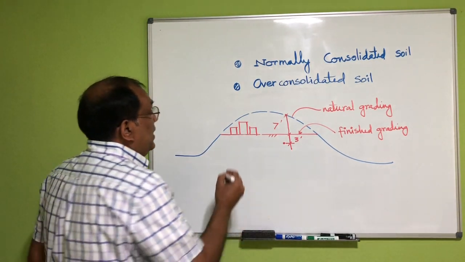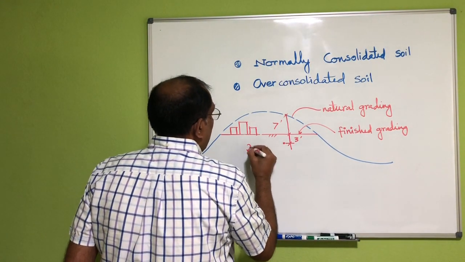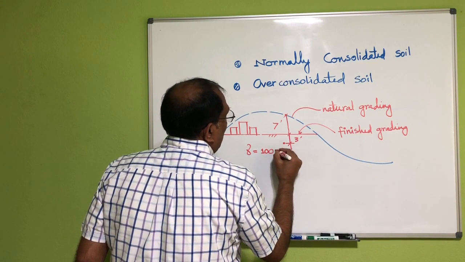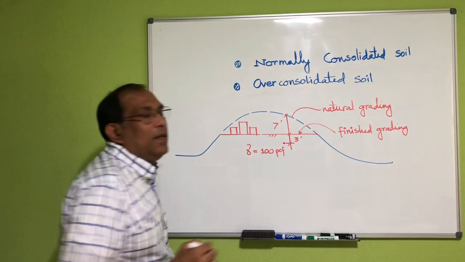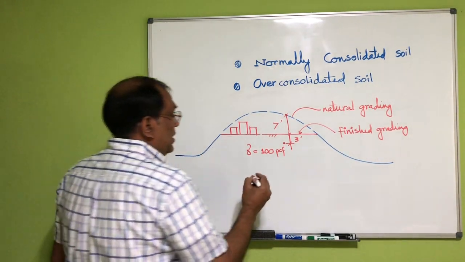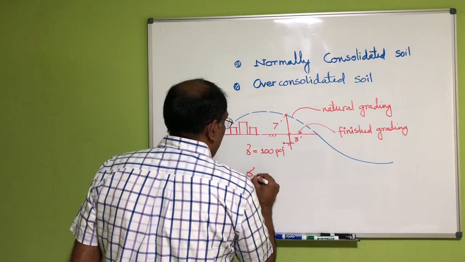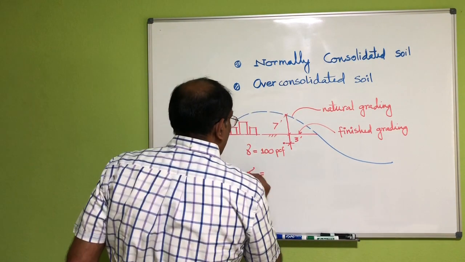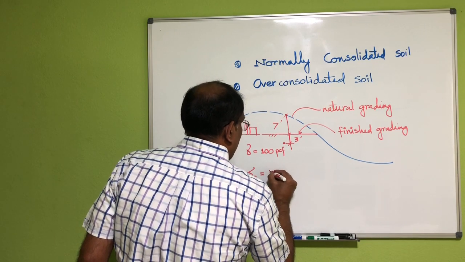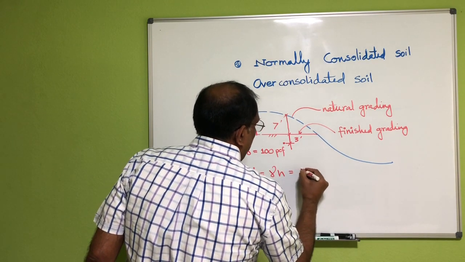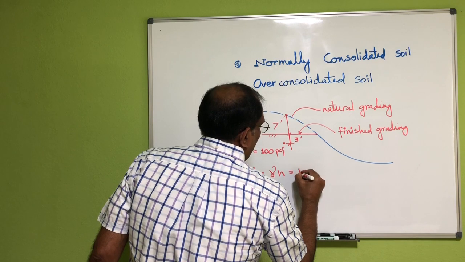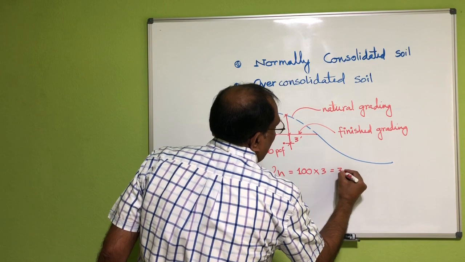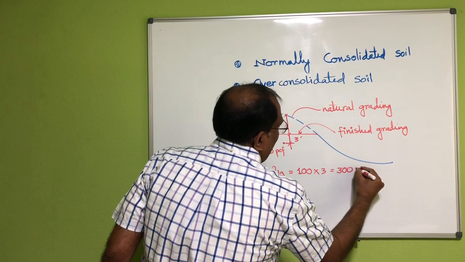Now, if the soil unit weight is, let's say, 100 pounds per cubic foot, then the current overburden stress here, because the soil is not there anymore, the current overburden pressure is actually gamma H. So 100 into 3 is 300 psf.